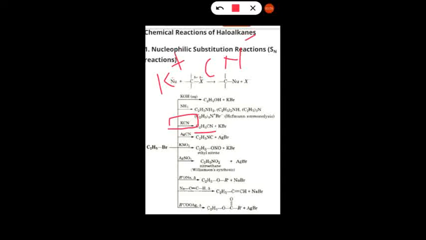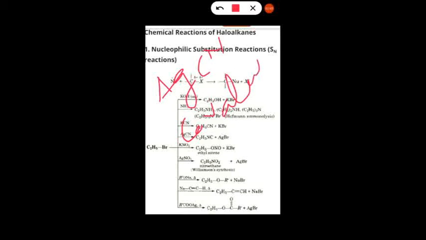After that there is silver cyanide, AgCN. But in the case of AgCN, what happens? The bonding in AgCN is covalent, so there is a tendency to form a linkage through nitrogen as well as carbon. Nitrogen in CN also contains a lone pair, so it forms a bond with the ethyl or alkyl group to form isonitrile.